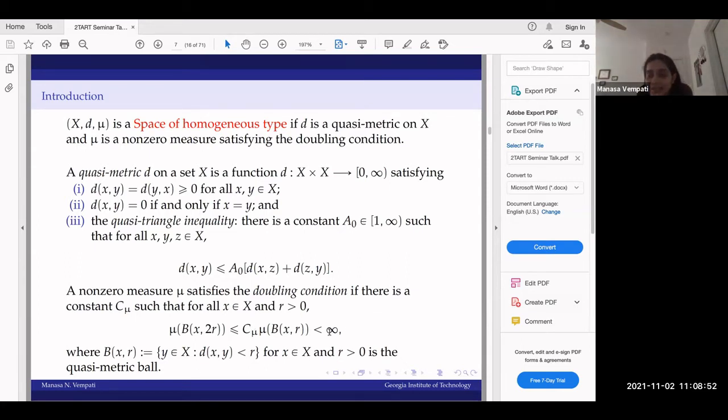B(x, r) that you see here is the set of all points y in the space such that the distance between x and y is less than r. The r is taken to be greater than 0, and B(x, r) are called the quasi-metric balls in X.